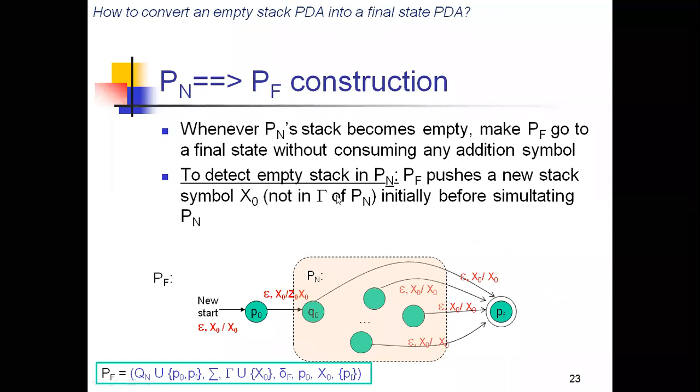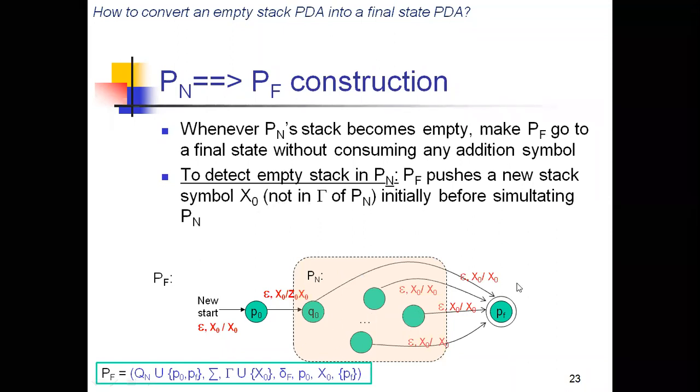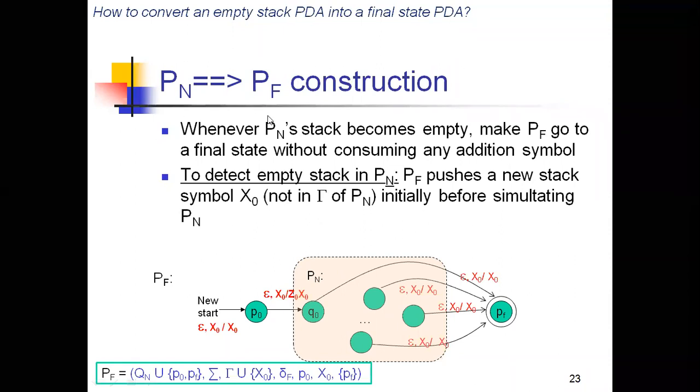Because X naught is not in the tau alphabet, as X naught is a new stack symbol. So this is the way of representing the final state PDA from the empty stack PDA. This is the process of construction from empty to final, right?